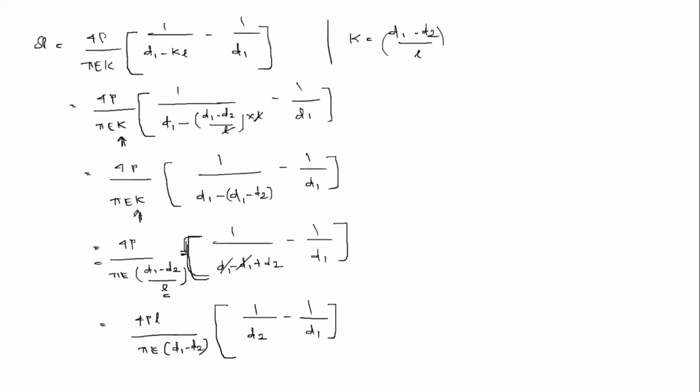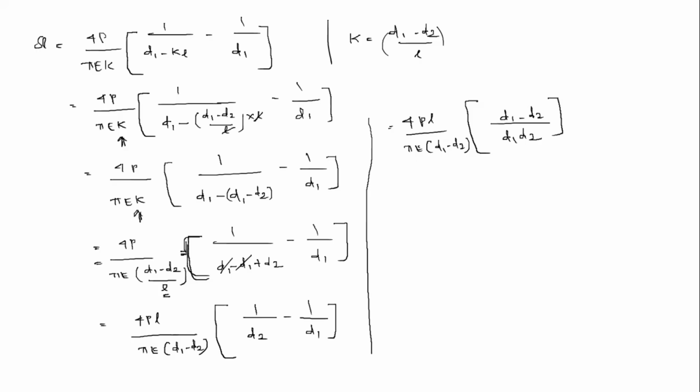Now what is the value? We have to take the LCM here. So 4PL divided by pi E into (d1 minus d2) into, d1 d2 in the denominator, and the numerator is d1 minus d2.